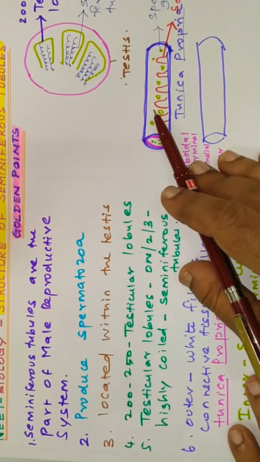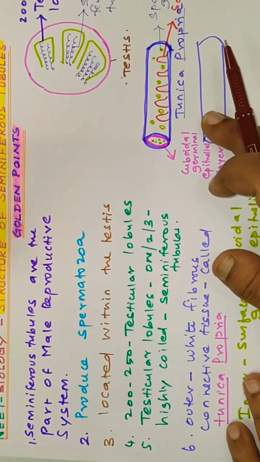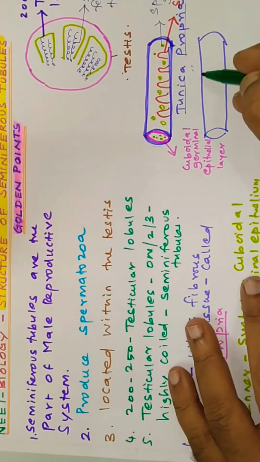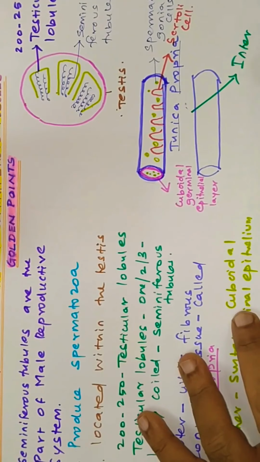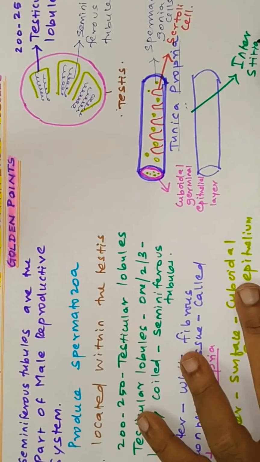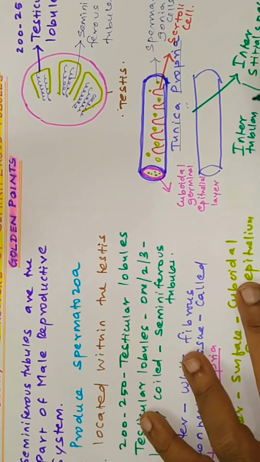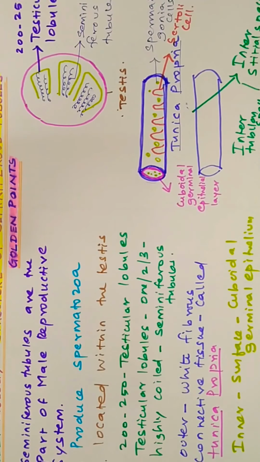This is one seminiferous tubule. This is another seminiferous tubule. In between the two seminiferous tubules, there is a space. This space is termed the interstitial space, otherwise the intertubular space. In that space, a lot of endocrine cells are present.